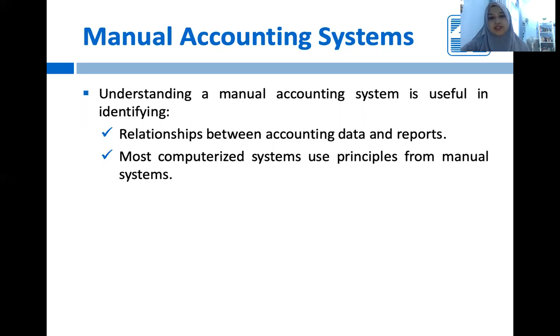So to understand the computerized, we first need to understand the manual system, to see how one data relates to another. And when we see the financial report, we can understand where specific data is coming from.